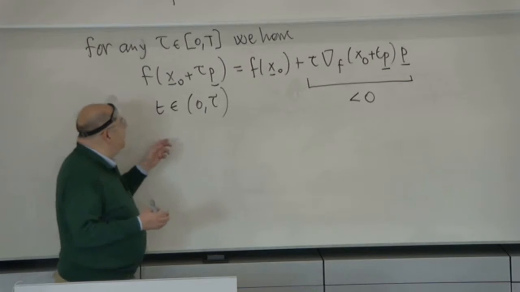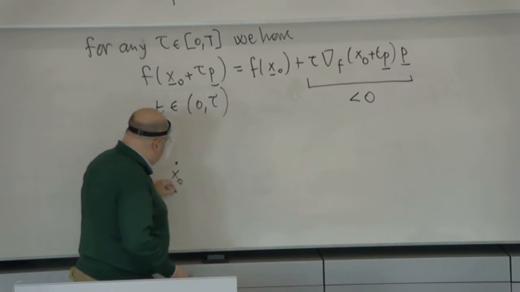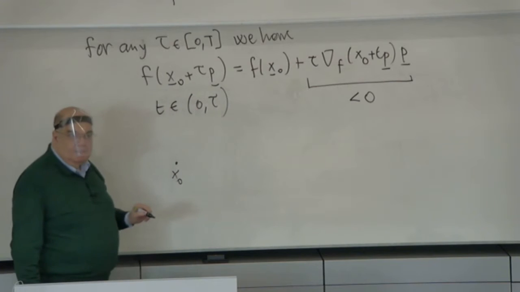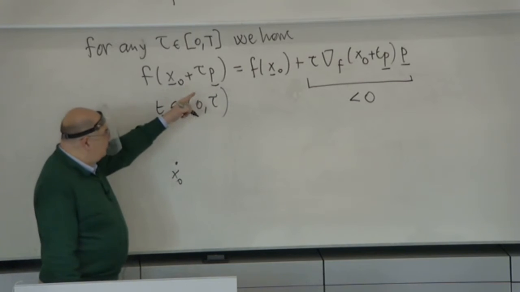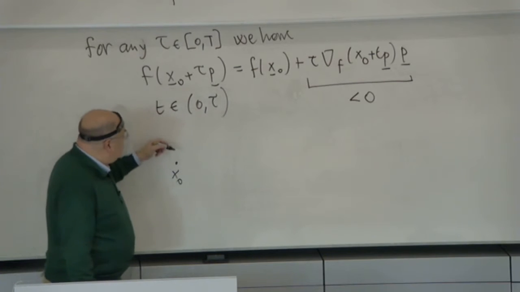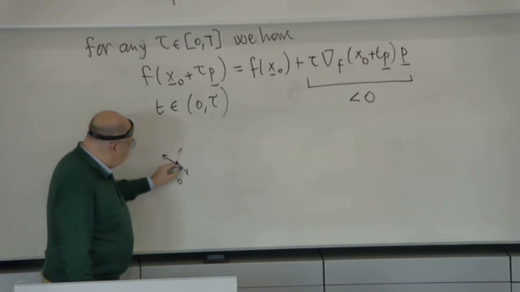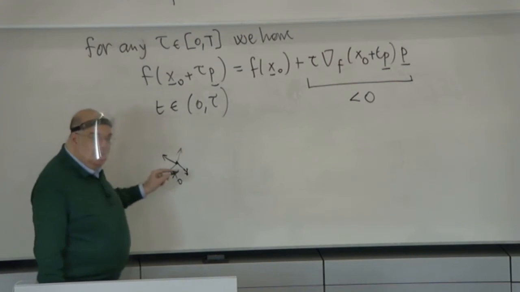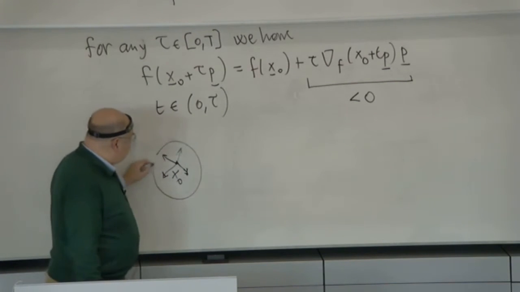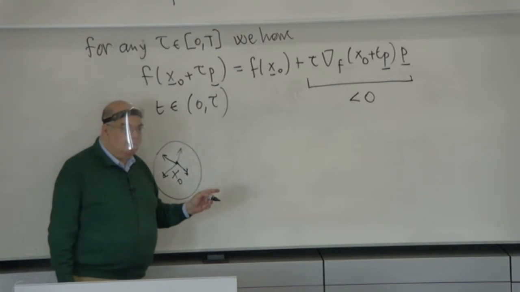So we must assume that p can be anything. x0 is supposed to be a minimizer, but this proof works no matter p. So it must be that p could go anywhere, you don't know where it points. So you need the point to be an interior point, because otherwise this condition might not be true.